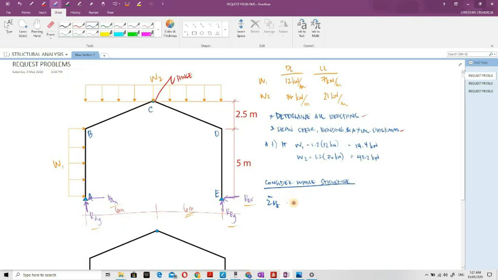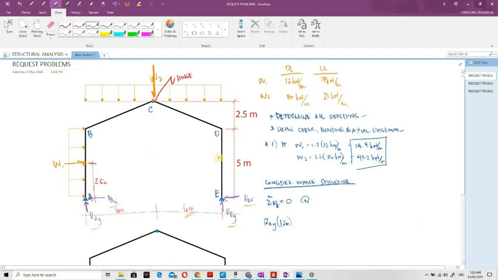So let's consider the summation of moment about E equal to 0, taking clockwise as positive. You can use whichever you prefer, clockwise positive or counterclockwise negative; the output will be the same. So RAY, our moment arm is 12 meters. Then this is the resultant of W1, which will produce a clockwise moment.